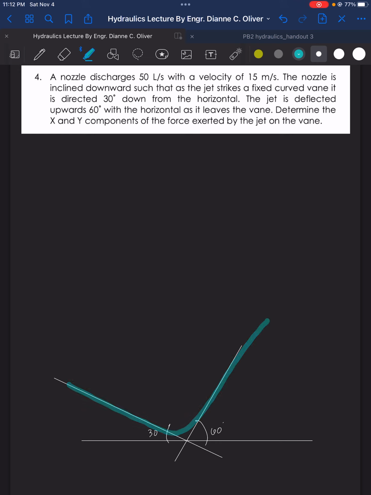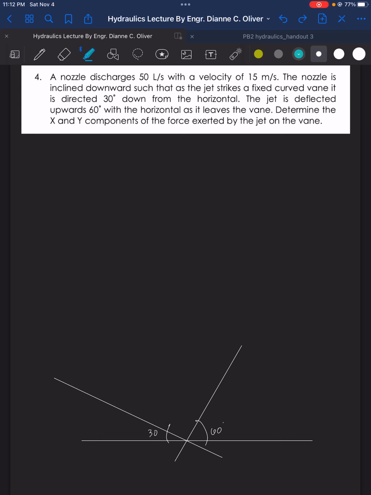Okay? It's not like this. So it's not entering 30, leaving 60. So it doesn't make sense, isn't it? Because if you think that the deflection is in this direction, it's too steep for the water to go back like that.